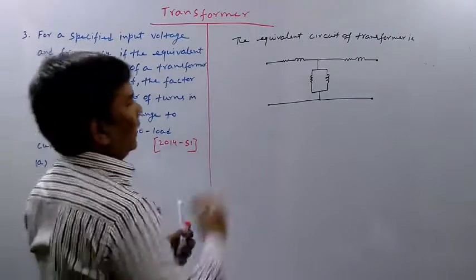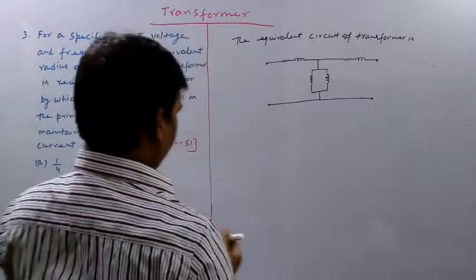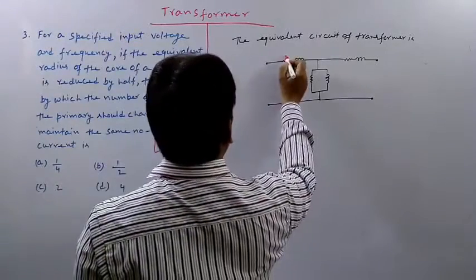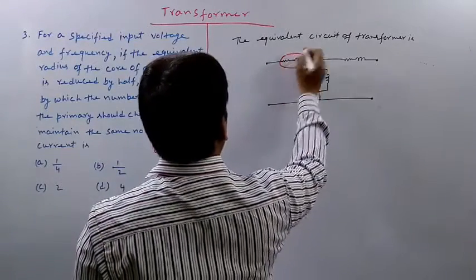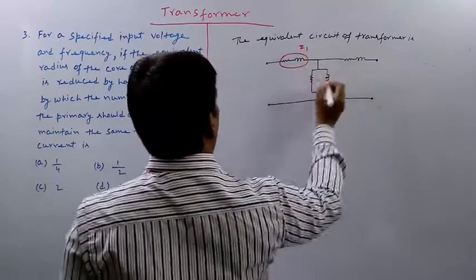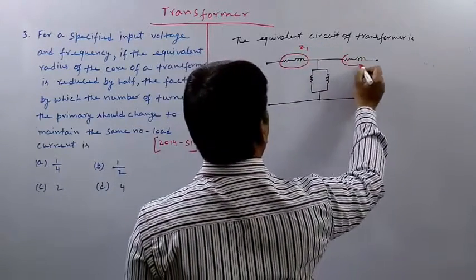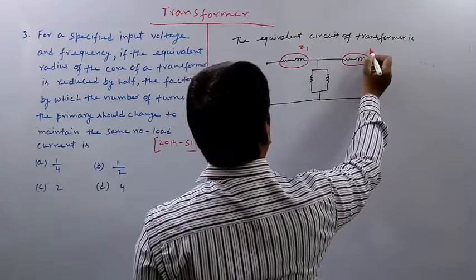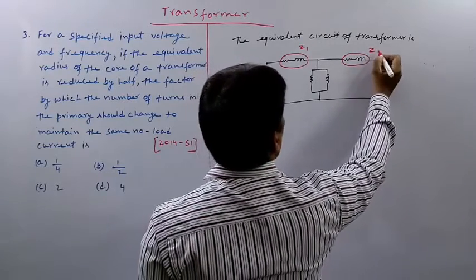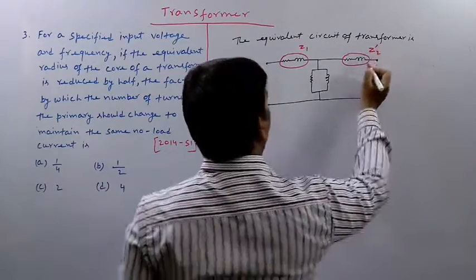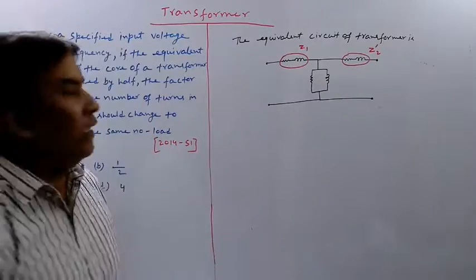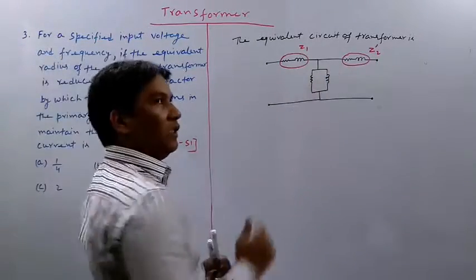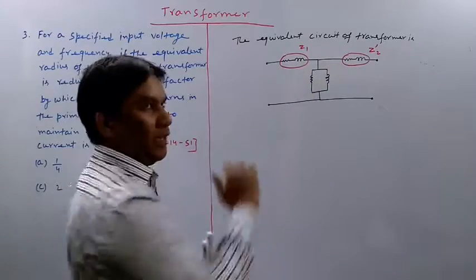So. This is the equivalent circuit of transformer. This is collectively called Z1, and this is collectively Z2 dash, because we have shifted each and every component to the primary side.